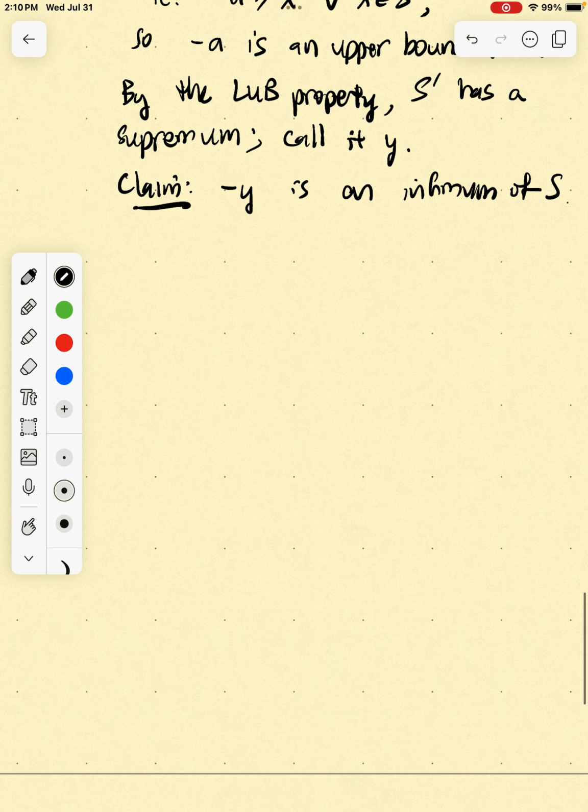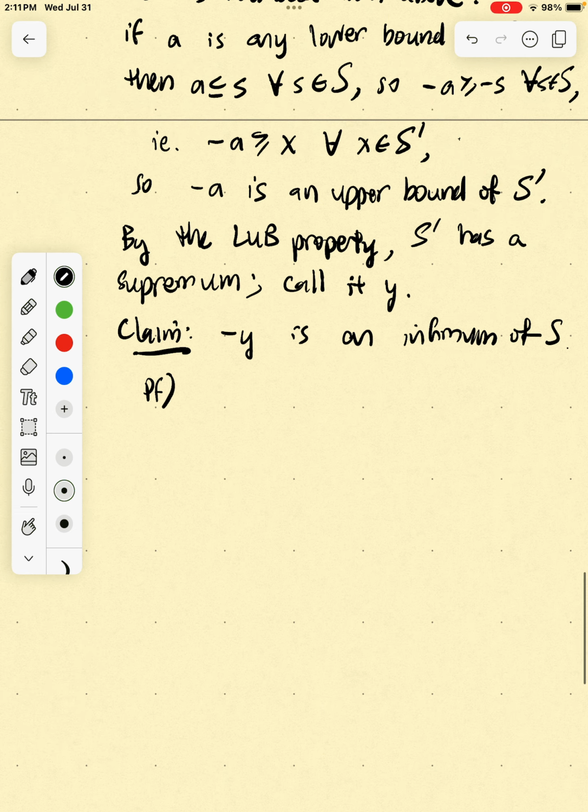So we're trying to show that negative y is an infimum of S, and the proof of that is, well, we know that, do we know that negative y is less than or equal to every element of S?